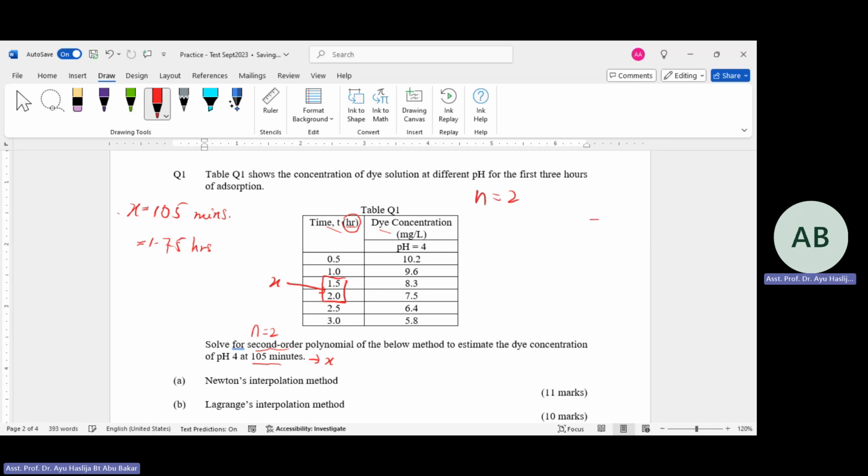What are the data that you require? How many points? N equals 2? 3. Okay, 3. So x0, x1, x2.